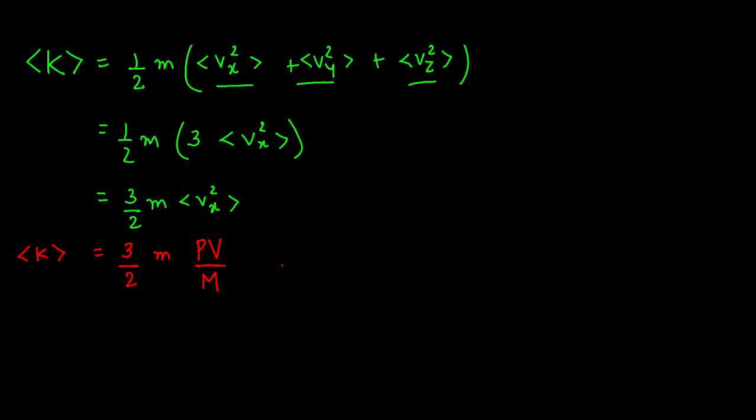Remember, there is still lot of scope to simplify, right? Okay, so this is what we have got. Now what do you think m upon capital M is? m upon capital M is equal to 1 upon n, isn't it?